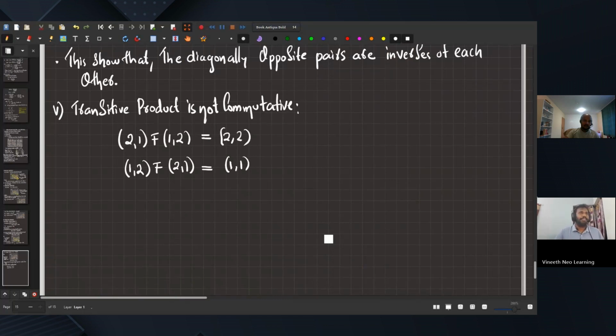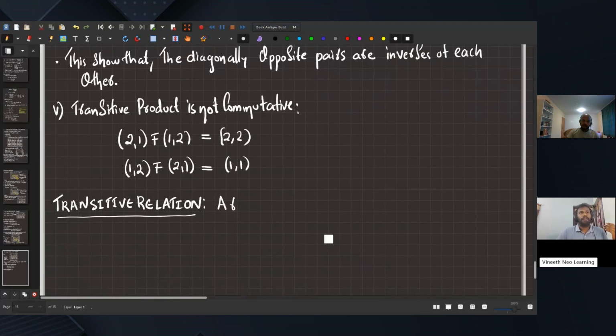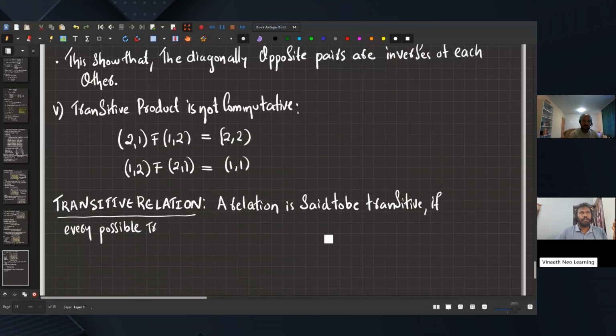That's a transitive relation. This is a new, purely algebraic idea.